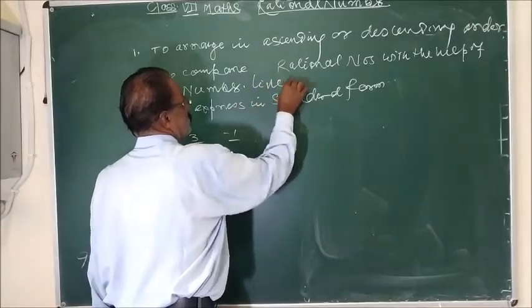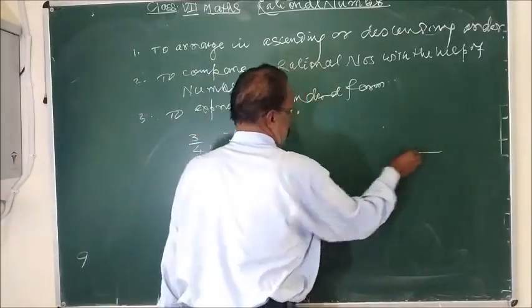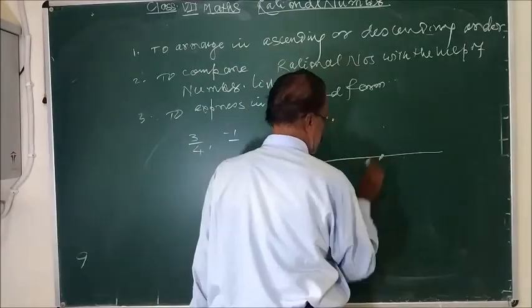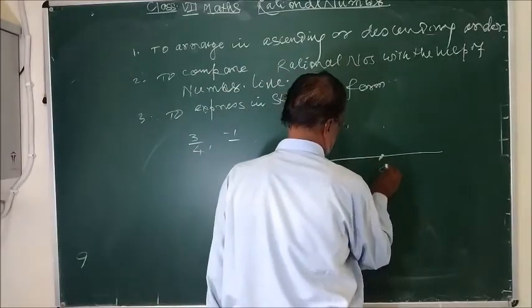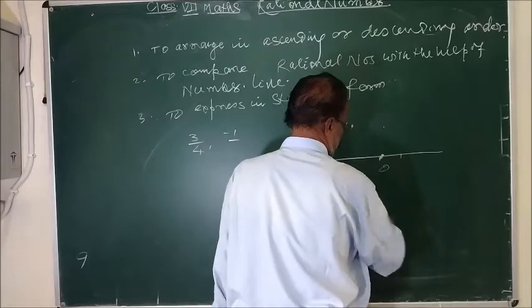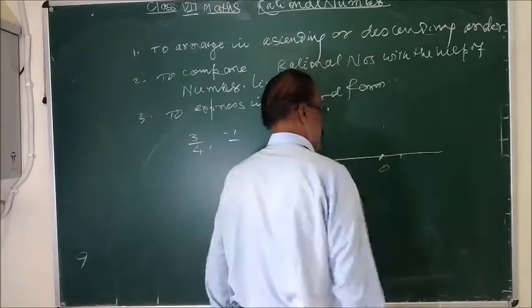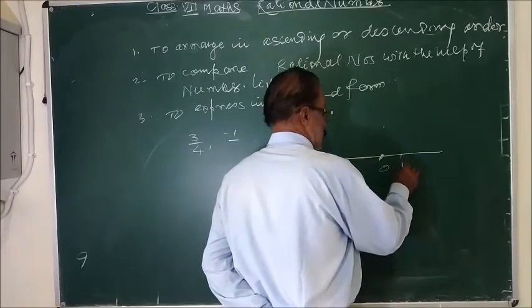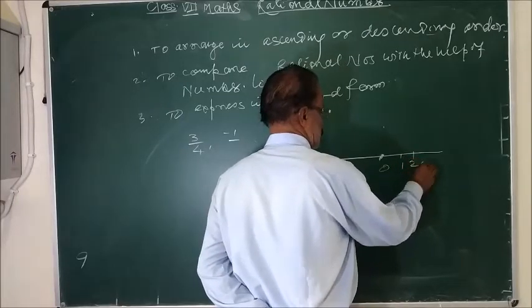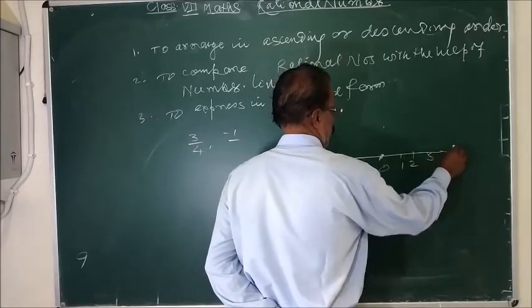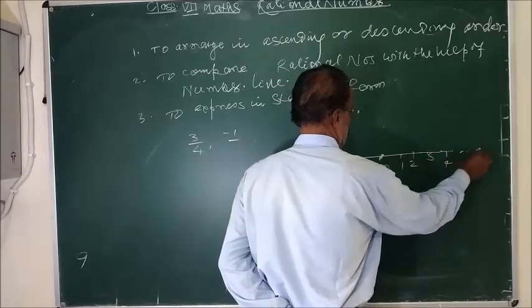Number line, I have already explained, or if you have missed the period, now you see, we draw a line and you take the middle point and you represent 1, 2, 3, 4, 5 like this.